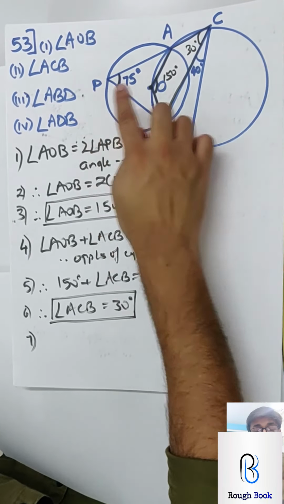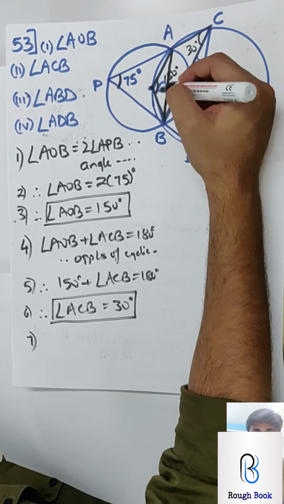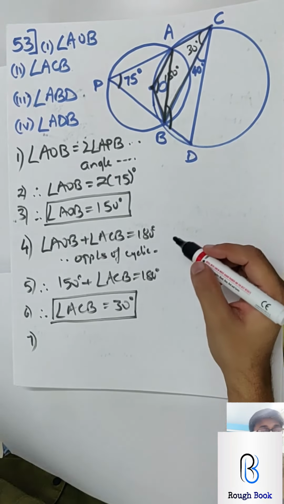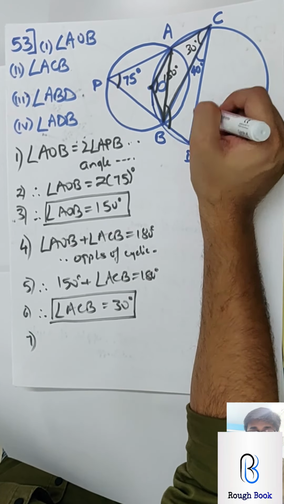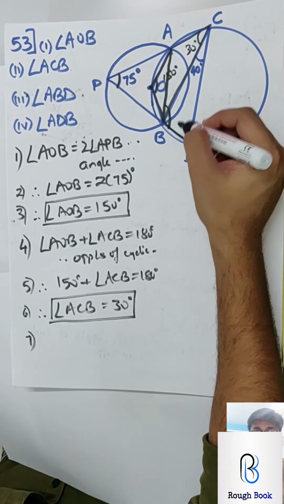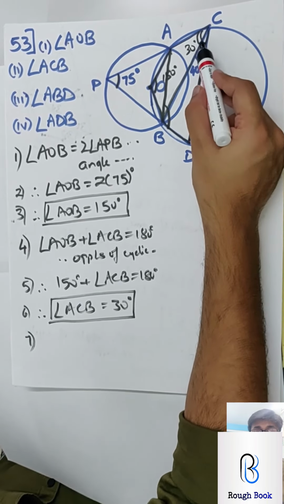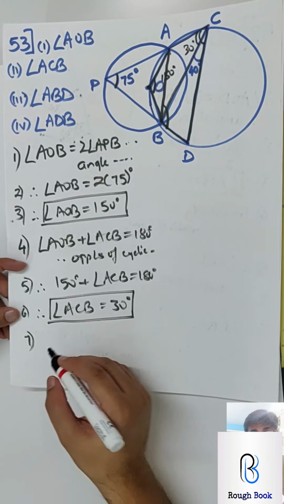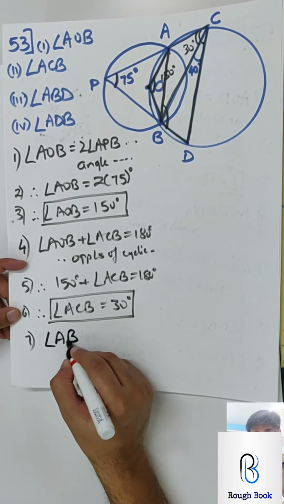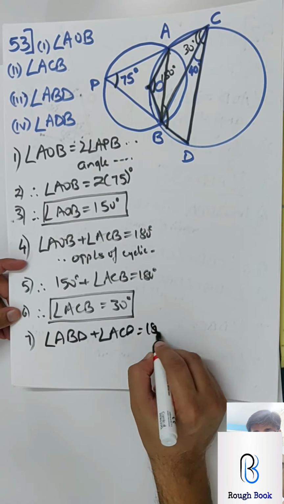Now the third one, ABD. So I'm just drawing a line here. This one, ABD. So this time, can I take ABDC as a cyclic quadrilateral? Yeah, can you see this? ABDC. So this angle is 30 plus 40, 70. Opposite angle supplementary, I can get this one also straight away. So let's try. So angle ABD plus angle ACD 180.